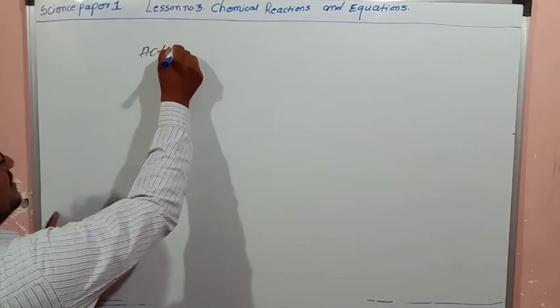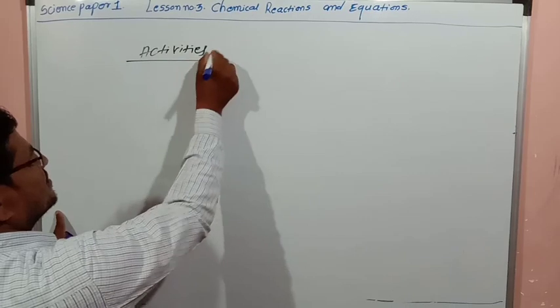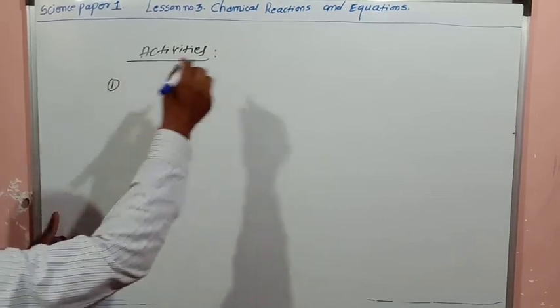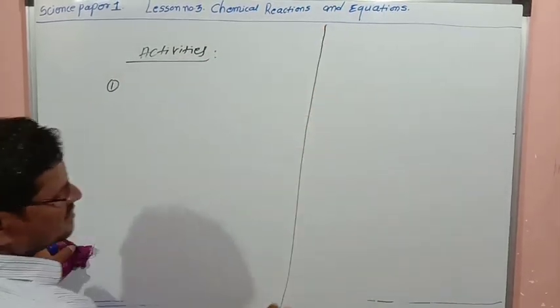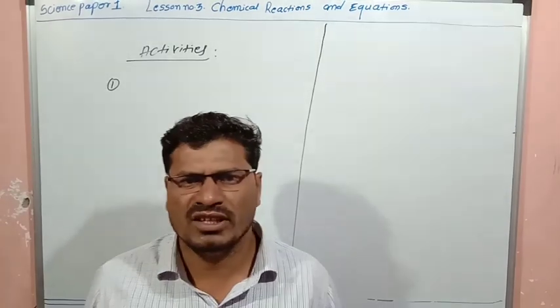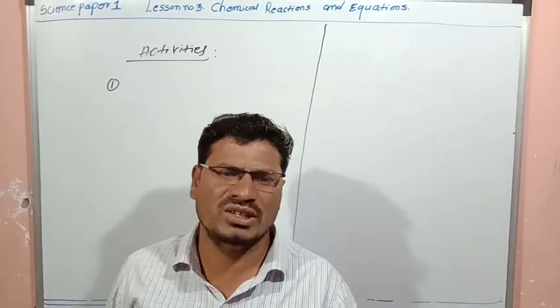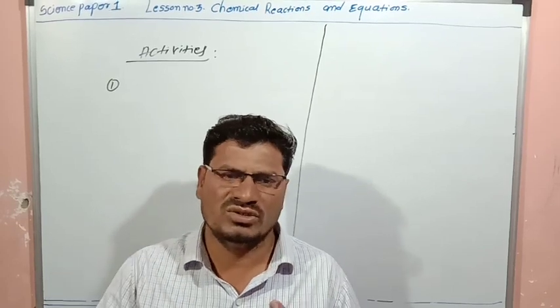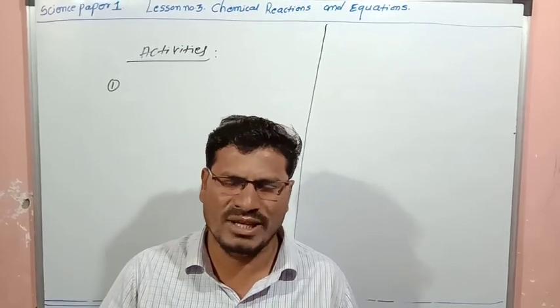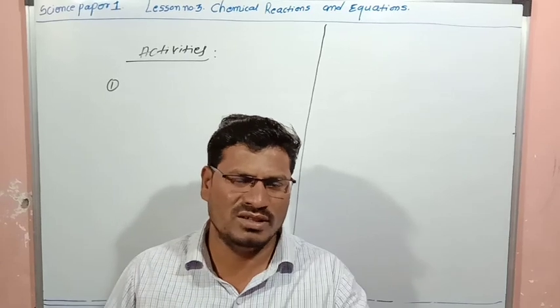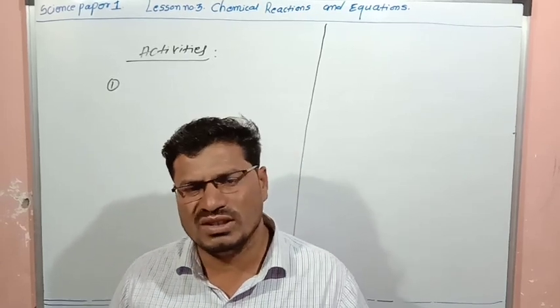Which activities are given in the textbook? We'll make columns. Five activities are there. First activity: you have to take one conical flask, one evaporating dish, then a burner, a tripod stand, and some chemicals. We'll study one by one.